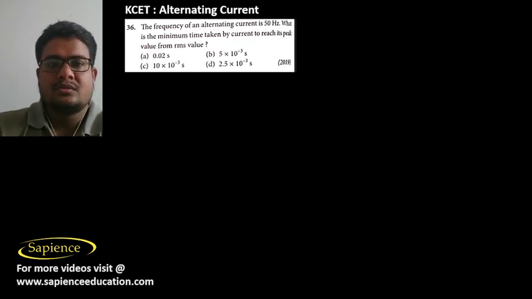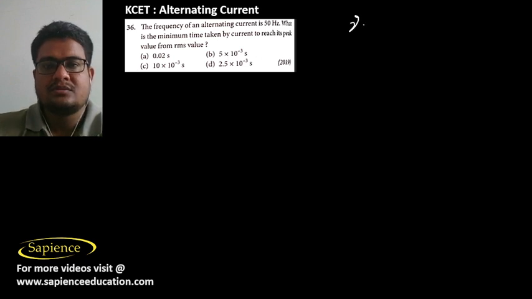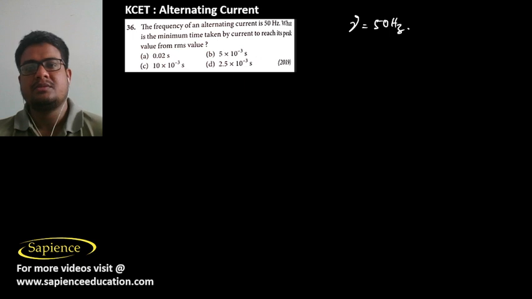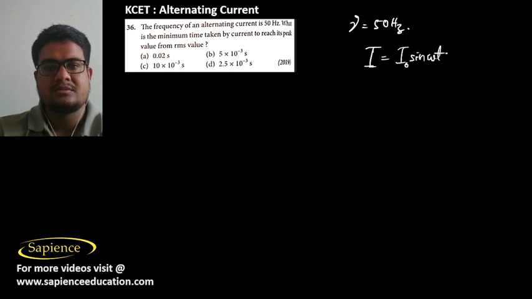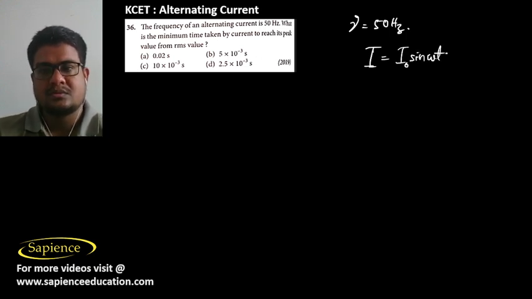The frequency of an alternating current is 50 hertz. What is the minimum time taken by the current to reach its peak value from its RMS value?